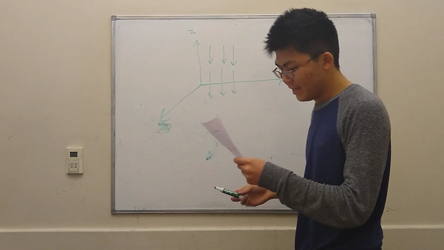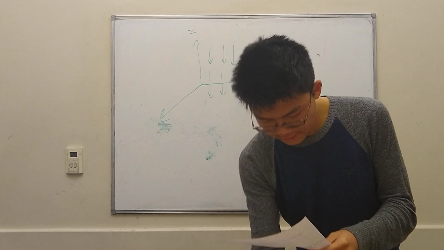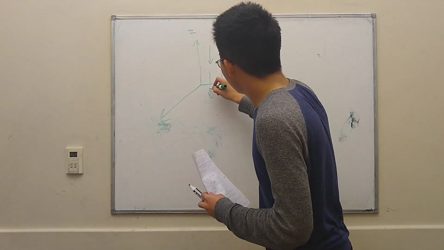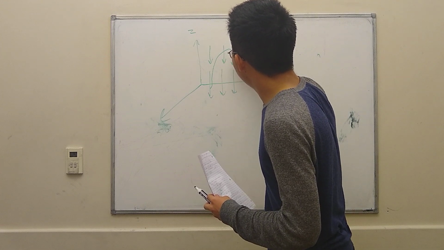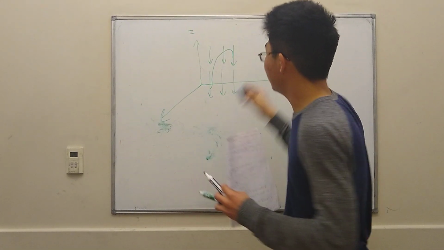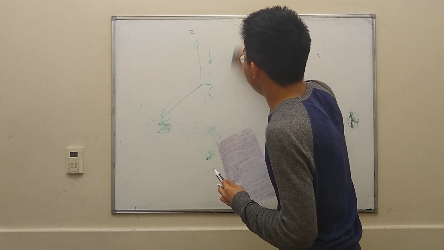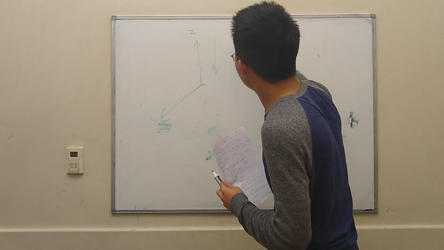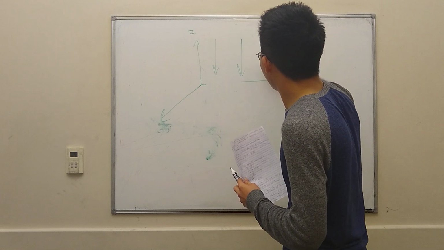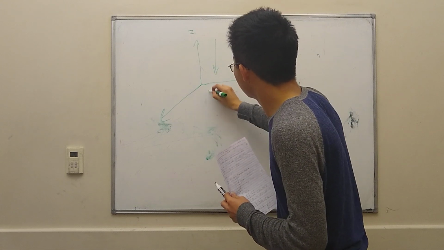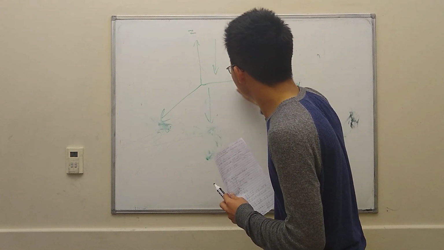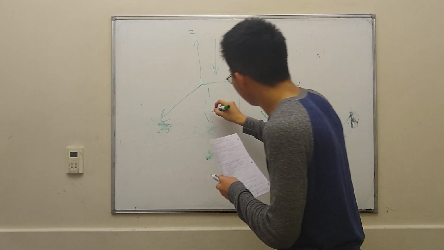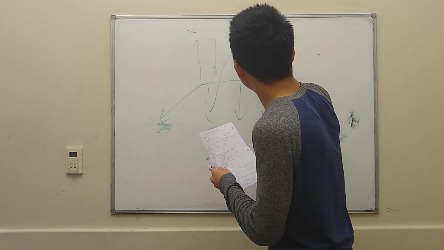But let's say I draw a loop through here. Actually, let me make this bigger, that way it's easier to see. So, let's say you have this.